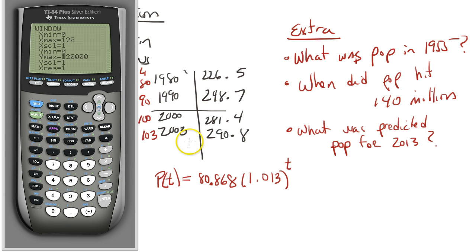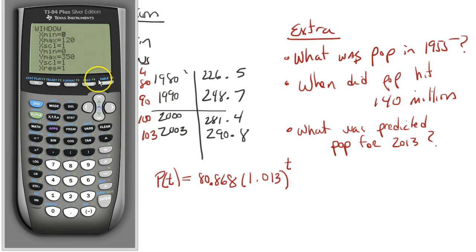So 300, say 350. Let's hit graph. I think that's pretty good.